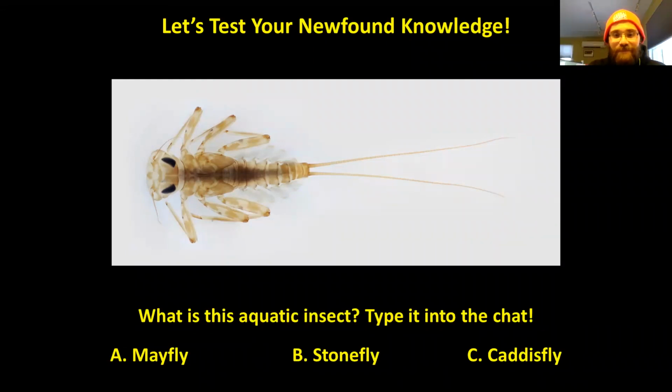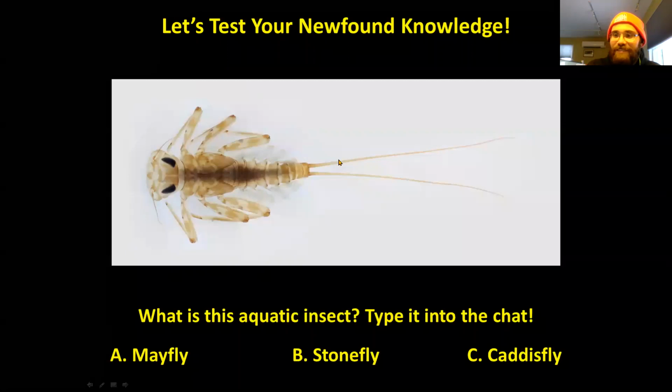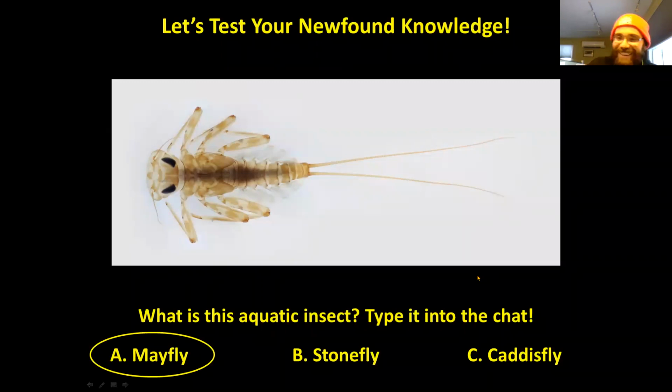So this one is a trick question. This is a mayfly. I'm sorry, I had to throw this one in there just to show that sometimes there are little exceptions to the rule. This is a mayfly that is lacking that third tail.